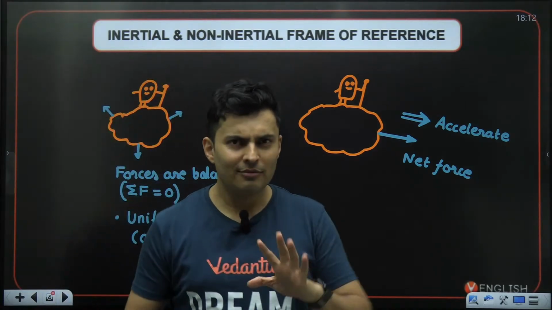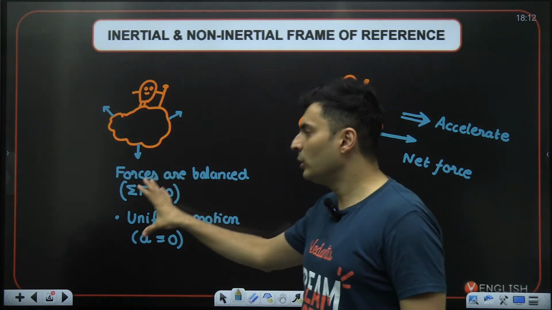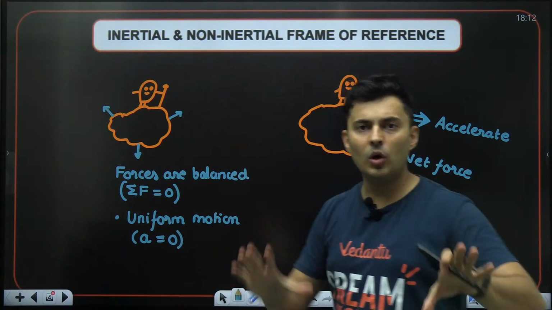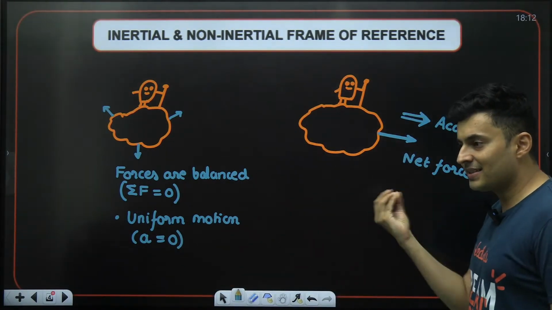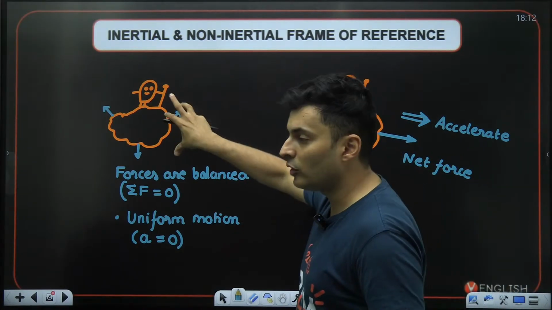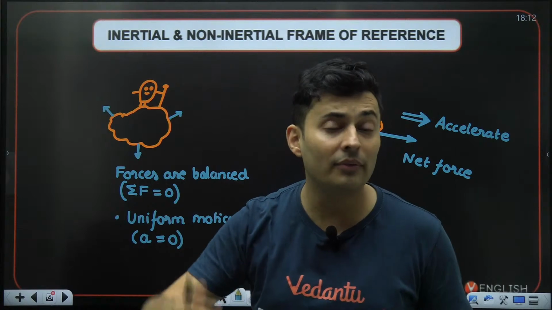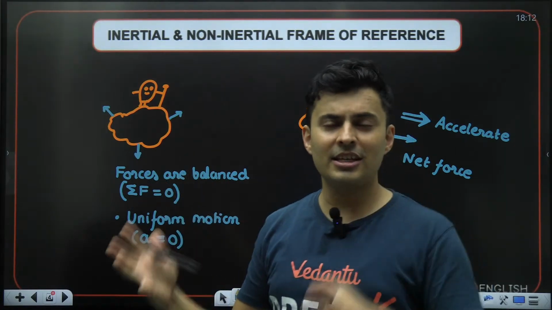So now we have two kinds of observers. One observer following Newton's first law and the other observer following Newton's second law. If you remember, the first law was also called the law of inertia. A body has a state of inertia.